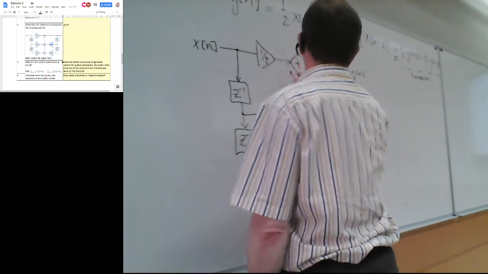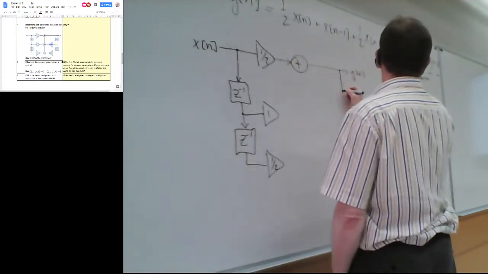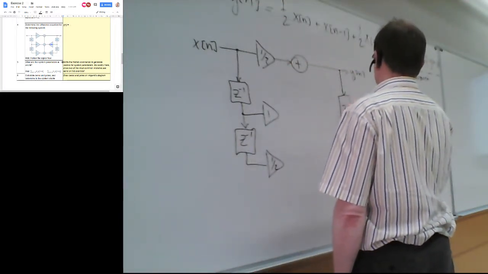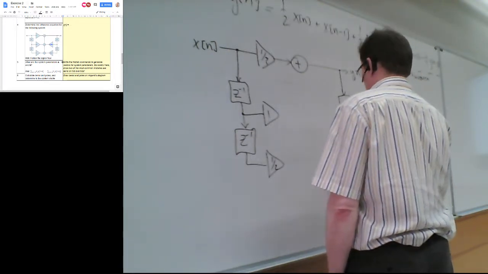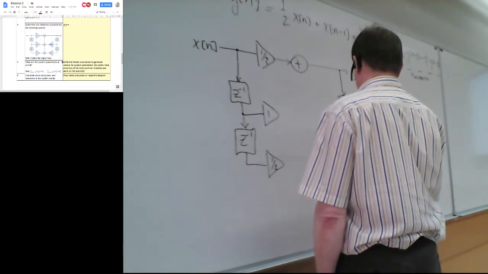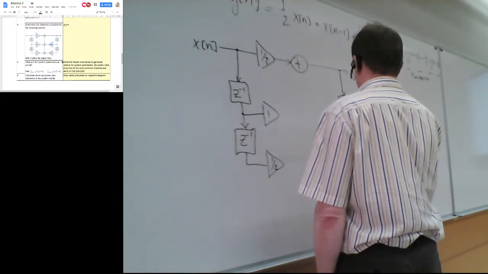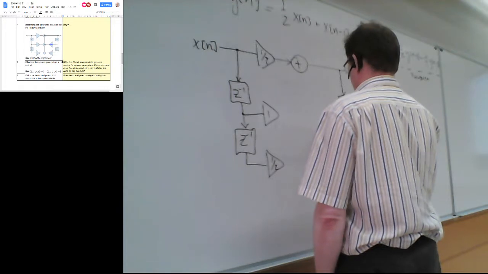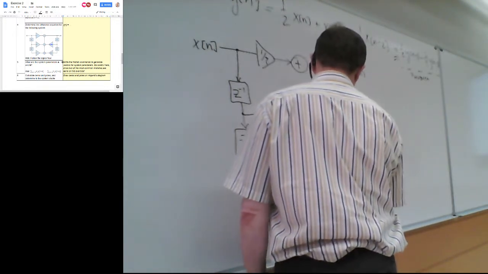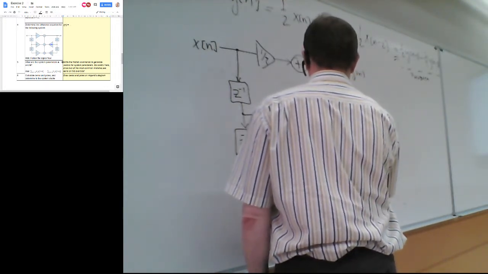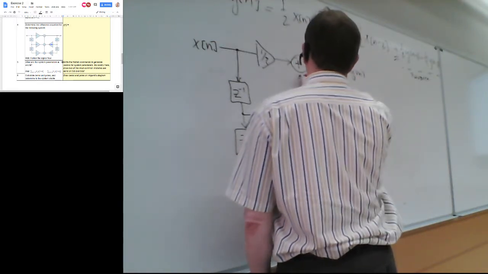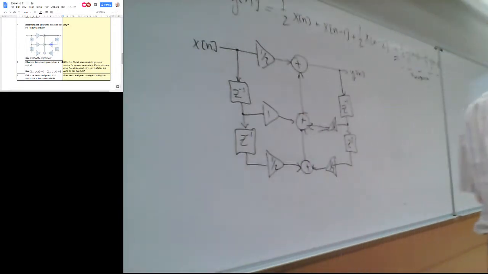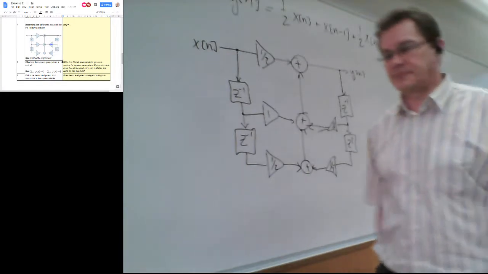Then it has a couple of feedback terms. And the weight values are 1/4, 1/2, and then, whoops, this is a bit messy. Okay, so that flow diagram actually would follow this difference equation.